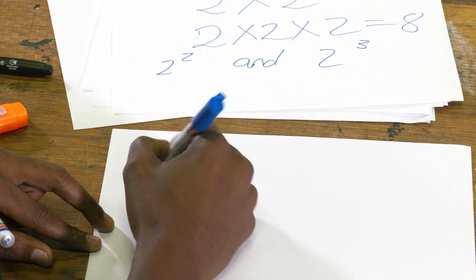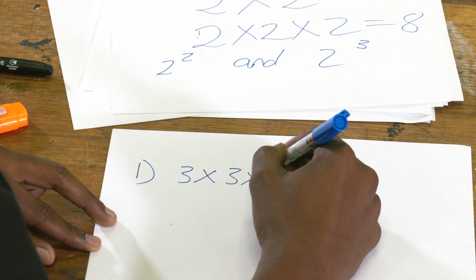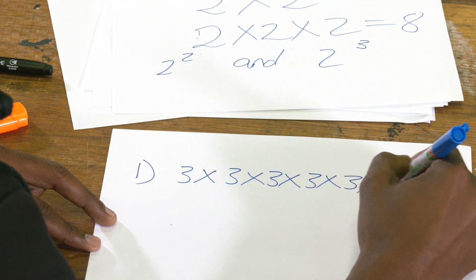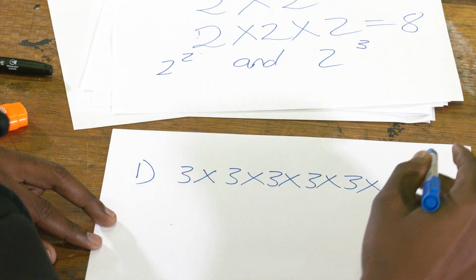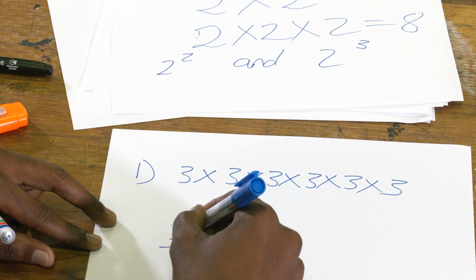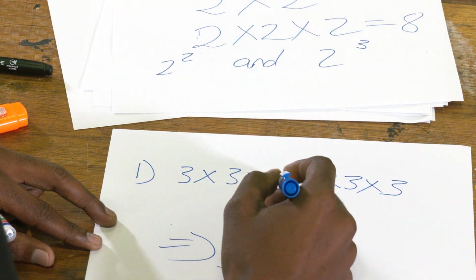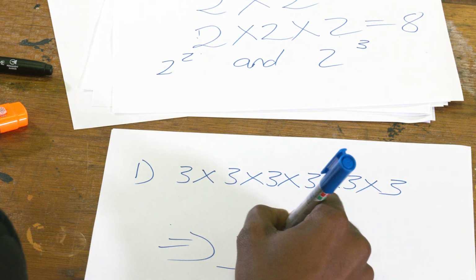So let's say they gave you 3 multiplied by 3, multiplied by 3, multiplied by 3, multiplied by 3, multiplied by 3. So that's 3 multiplied by itself 6 times. And if they told you to write it in exponential form, first the base is 3 because they're all the same. 1, 2, 3, 4, 5, 6, to the power of 6.